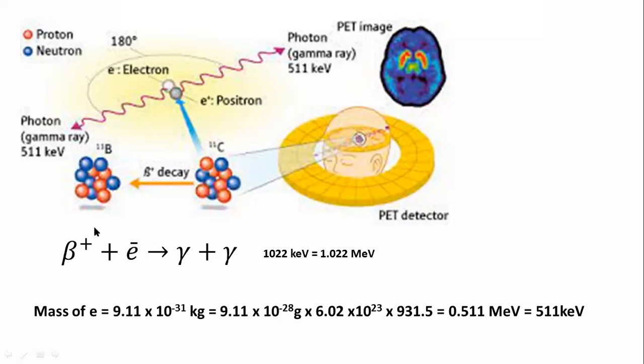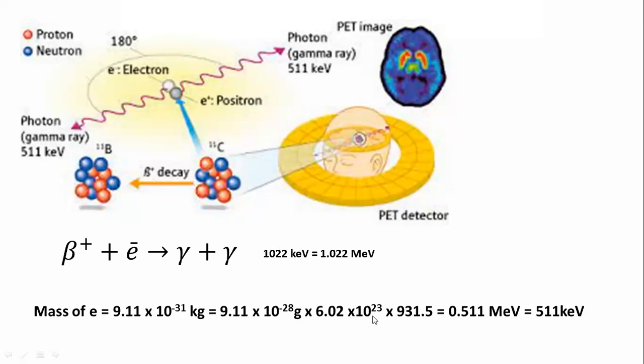The positron interacts with the electron with the emission of two gamma rays, each having 0.51 mega electron volt energy, and the total energy would be 0.51 plus 0.51, which equals 1.022 mega electron volt. This is very simple to calculate in the similar way we calculated before. This is the mass of the electron in kilograms, and this is the mass of the electron in grams.